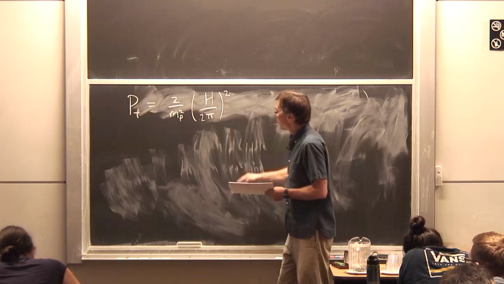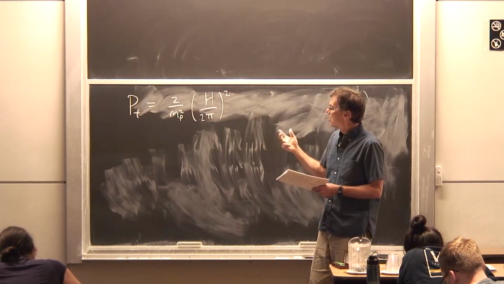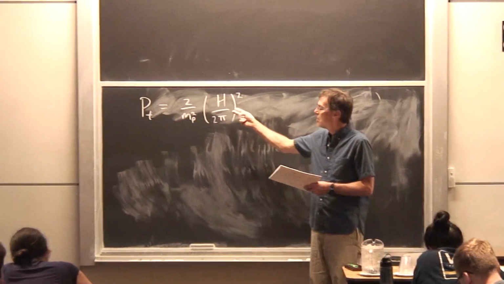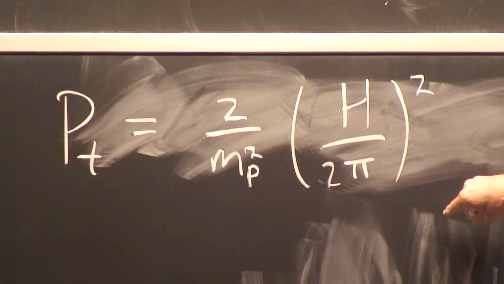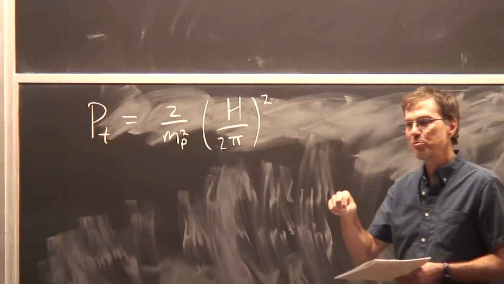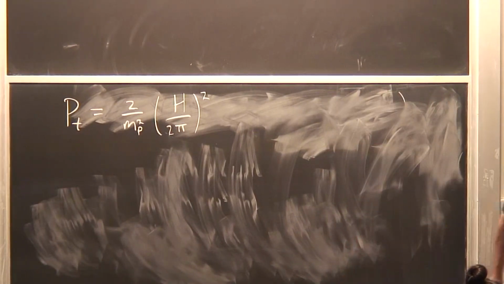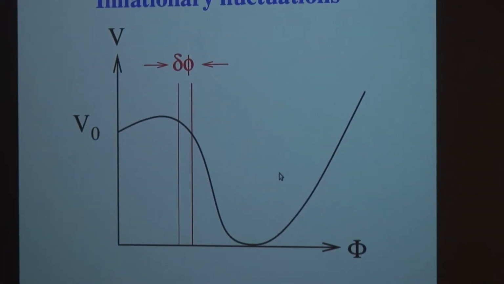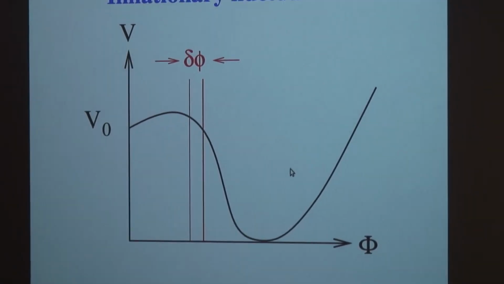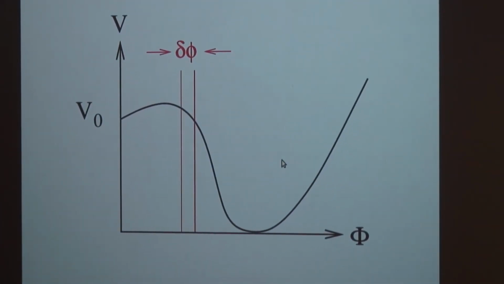It's like the scalar one. It goes like H squared, and that's just because the amplitude of the quantum fluctuation of the tensor goes like the Hubble parameter. But it doesn't have the 1 over epsilon. And remember that 1 over epsilon was ultimately coming from this picture where different scales of the scalar field were ending inflation at different times.